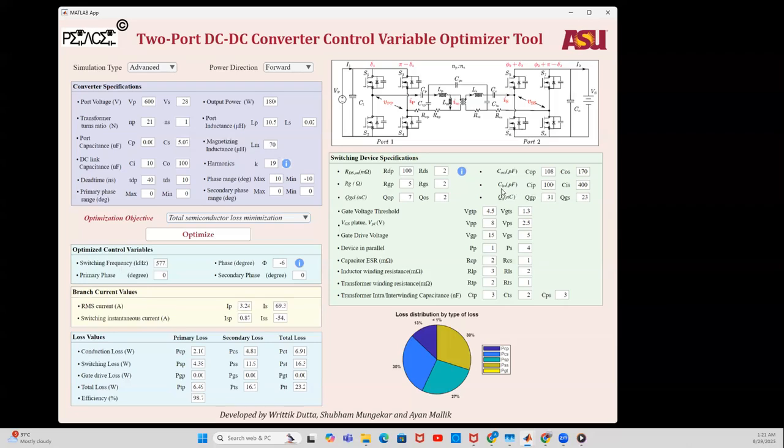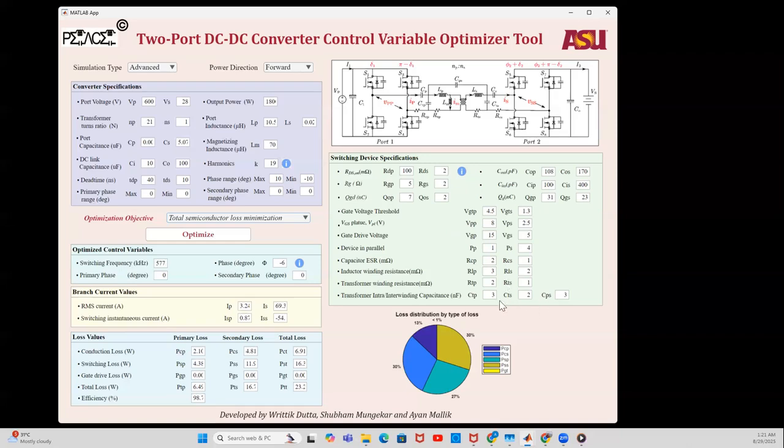Then further, we need to define the input capacitance of those devices, which can be obtained from the datasheet, and additionally the total gate charge requirement, also from the datasheet. There are other parameters which help us model the switching loss function better. Those are the gate threshold voltage, the plateau voltage, the gate drive voltage, the number of parallel devices, and the capacitor ESR, inductor winding resistance, and transformer winding resistance.